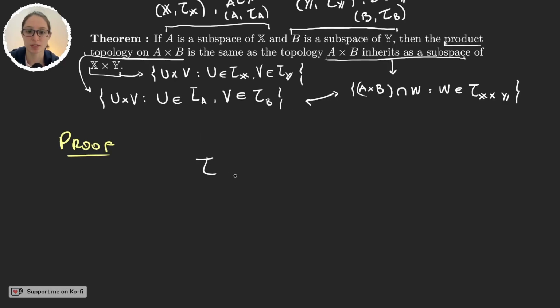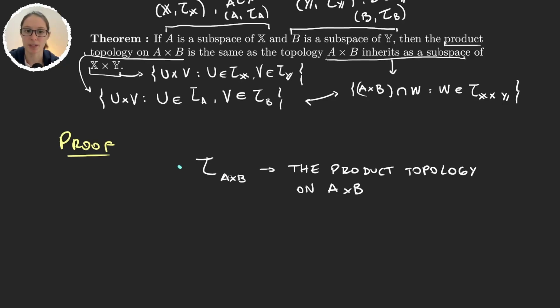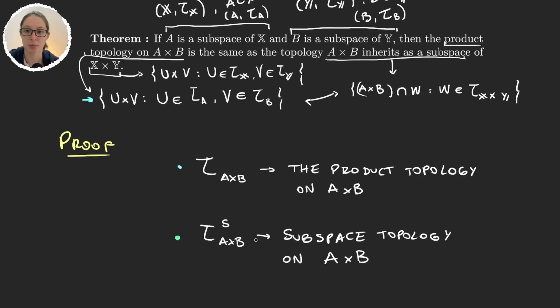Let's call tau A times B the product topology on A times B. Tau A times B is going to be the one generated by product of open sets in A and in B, and let's call tau S A times B the subspace topology in A times B. To prove that these two topologies are the same, we will have to prove the double inclusion.